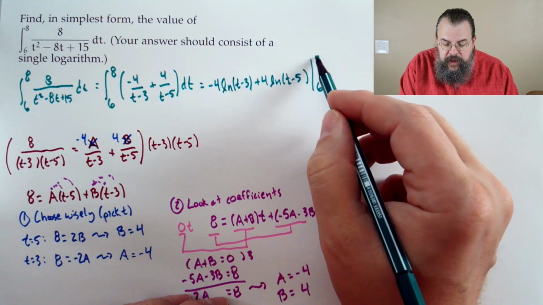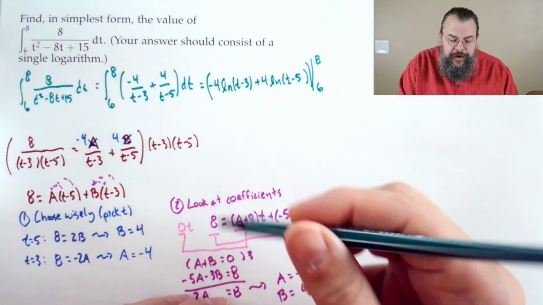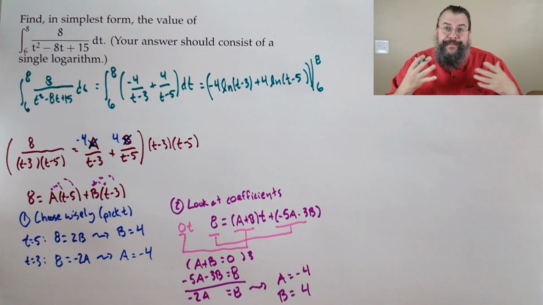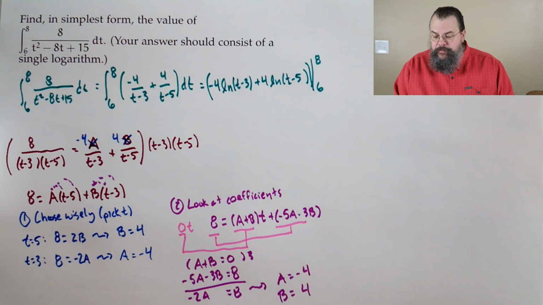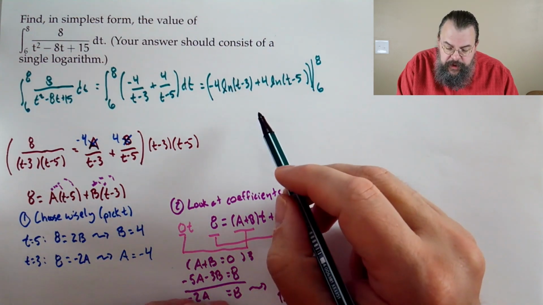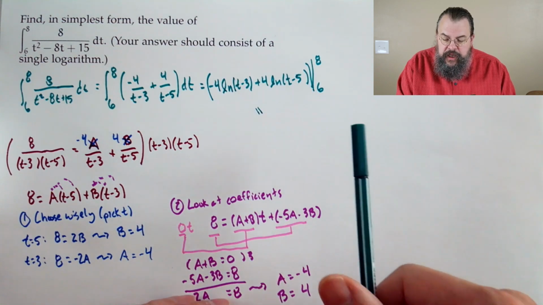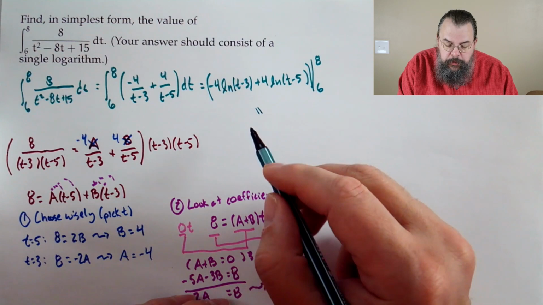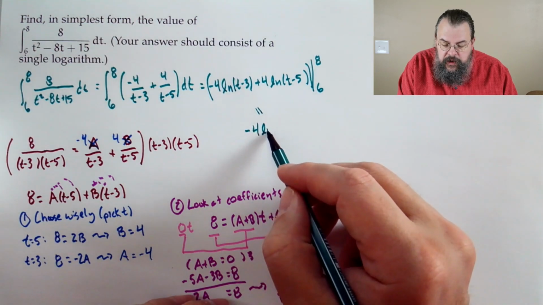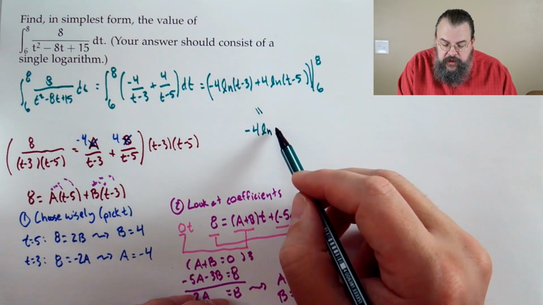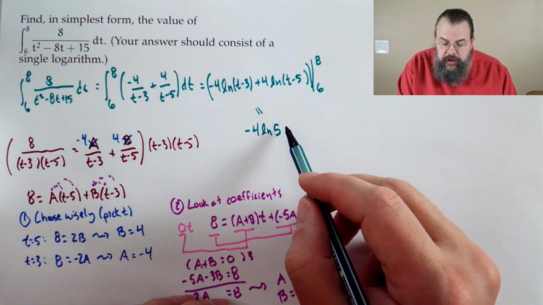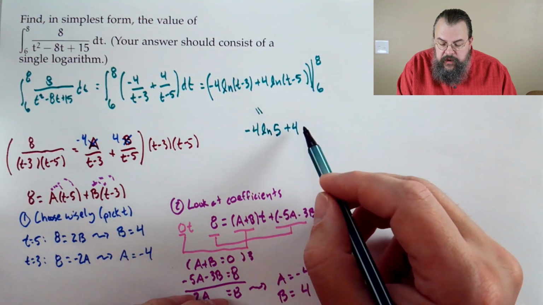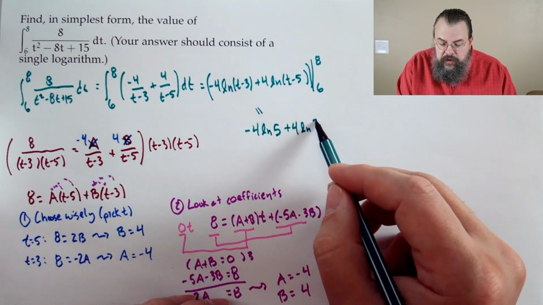And evaluate from 6 to 8. And now we can see why our answer should consist of a single logarithm, because everything involved has logarithms. Well, what does this become? When we plug in 8, we're going to get minus 4 log of 8 minus 3, that's 5, plus 4 log of 8 minus 5, that's 3.